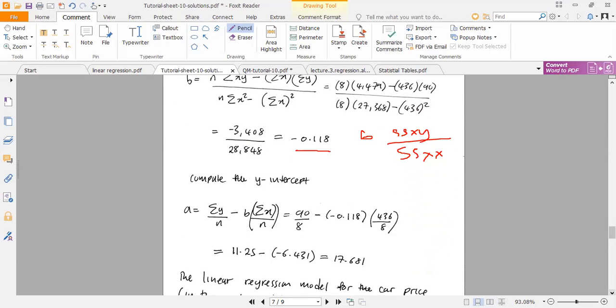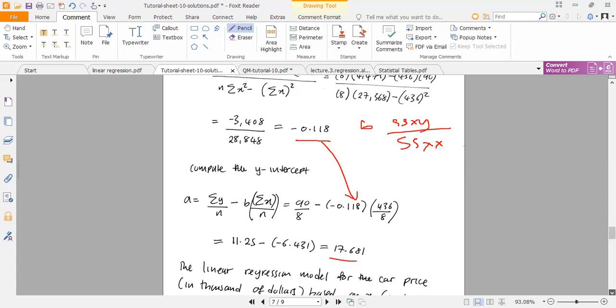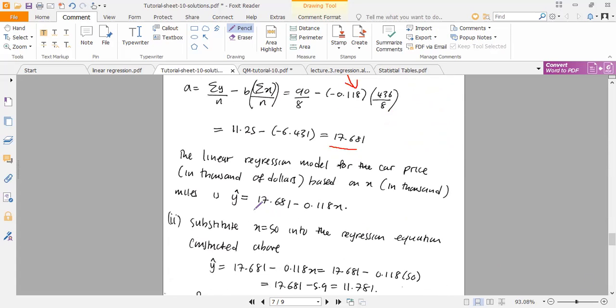When we go to calculating our A, which is the y-intercept, the formula is standard. Summation of y over n minus b, summation of x over n. In the b, we're going to use the formula that we had here. Then summation of y from the totals that we've had. So it will give us our final answer of A as 17.681. So you substitute here on the A, you put 17.681. On the B, you put -118x.